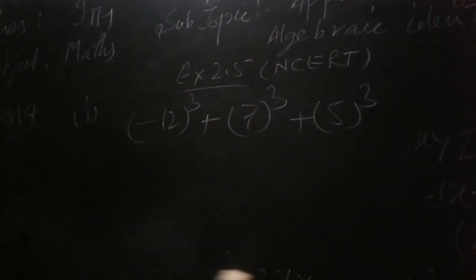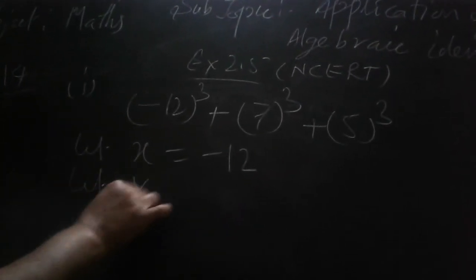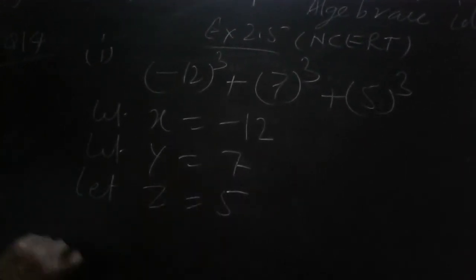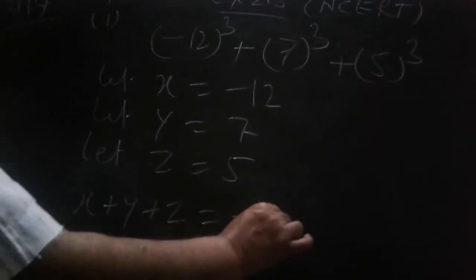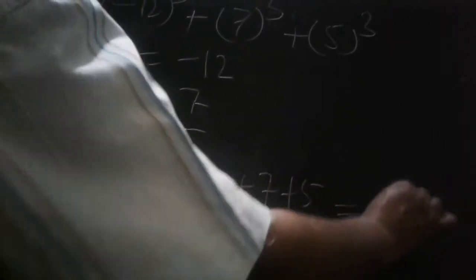Here we have three numbers: minus 12 first number, 7 second number, and 5 third number. We find their sum. Let x is equal to minus 12, let y is equal to 7, let z is equal to 5. Now x plus y plus z is equal to minus 12 plus 7 plus 5, which is minus 12 plus 12, equal to 0.